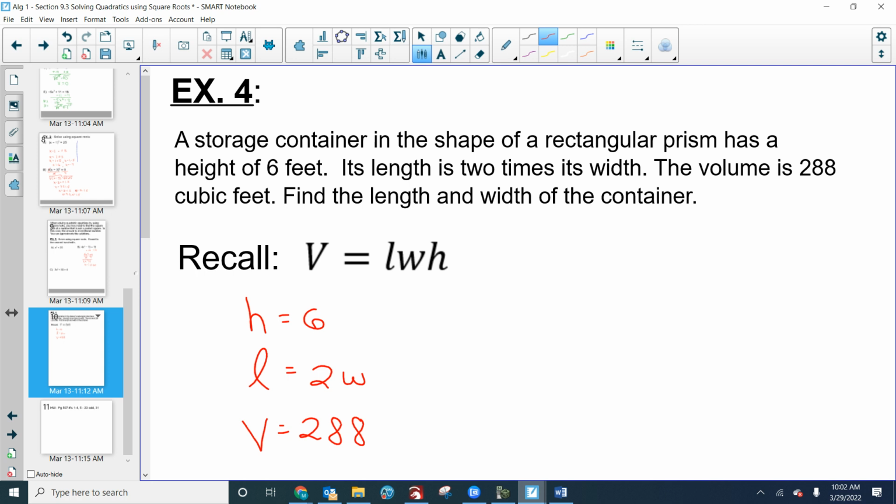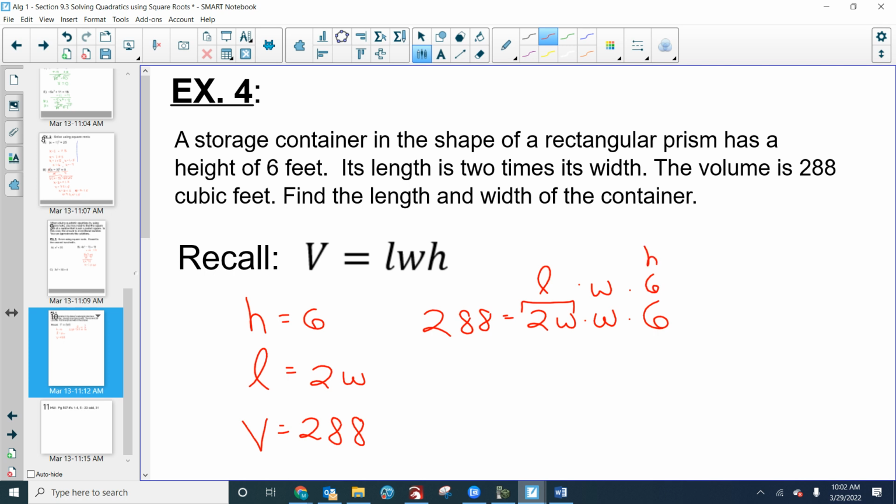Well, if V equals L times W times H, the volume is 288 equals, what should I put in for L? 2W times width. The width is just W, right? Times the height, 6. So 2W was the length, W was the width, and 6 is the height.